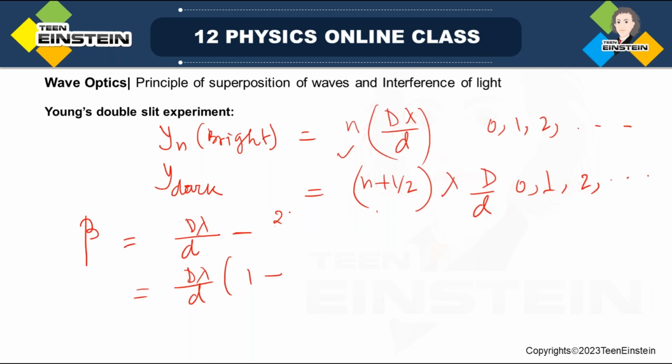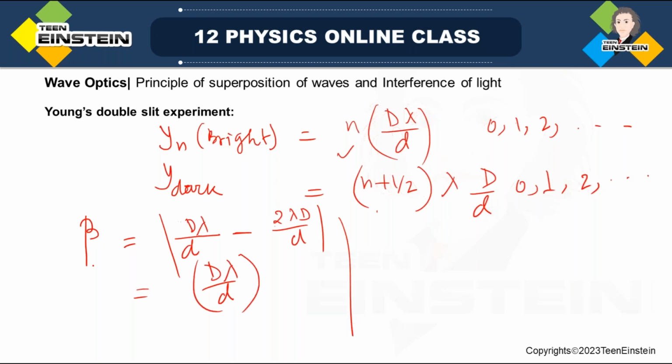So this will be 2 lambda capital D by small d only. Ultimately, I have to take the mod, so you'll get D lambda by small d. This is for dark fringes.